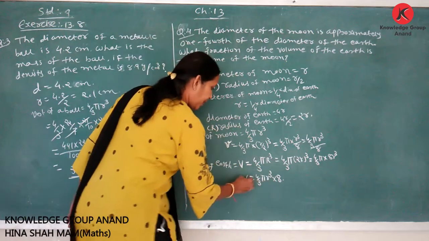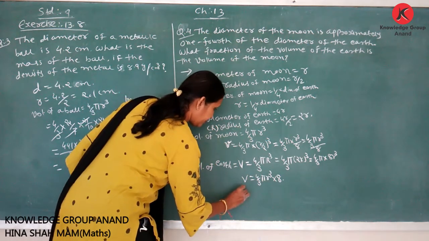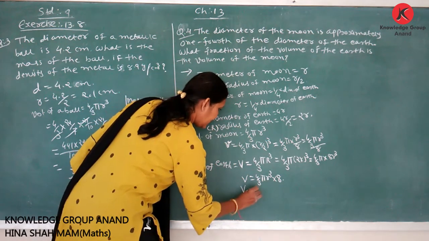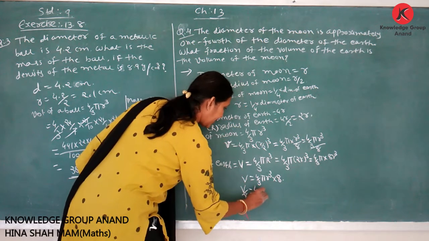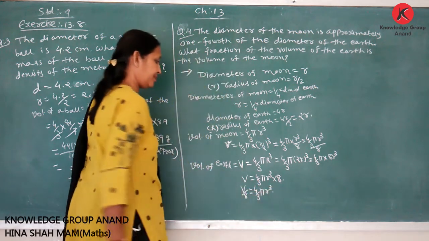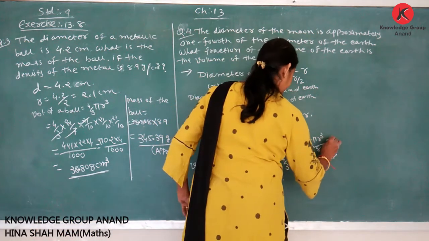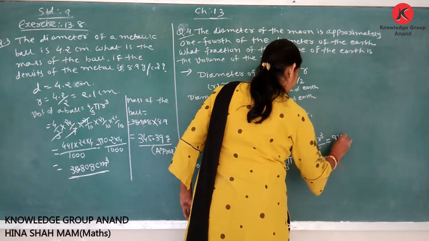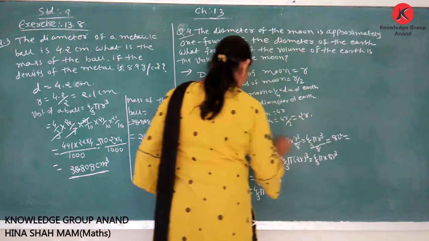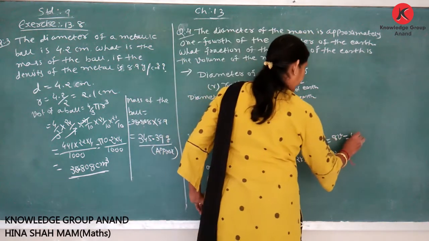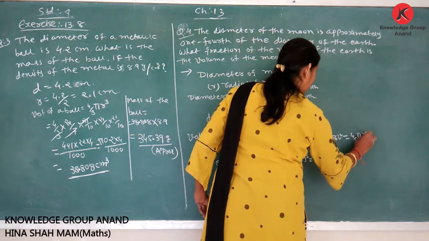Then V upon 8 is equal to 4 by 3 pi R cube. And here 8V is equal to 4 by 3 pi R cube.